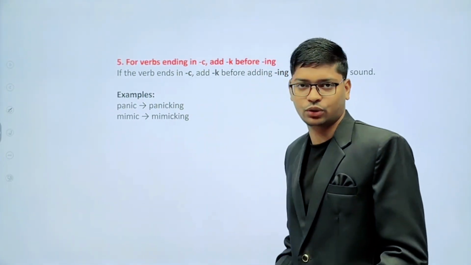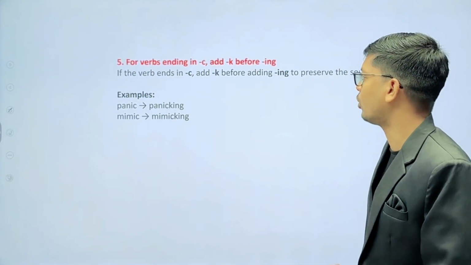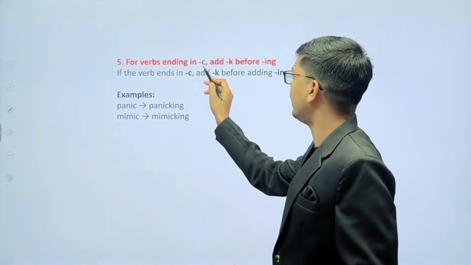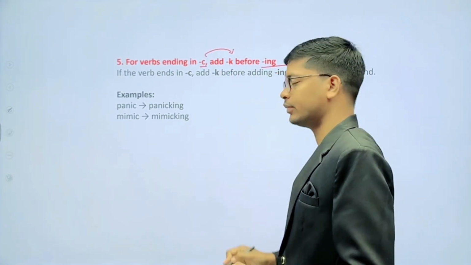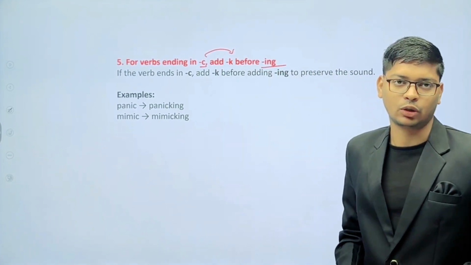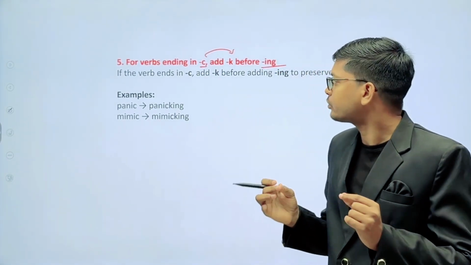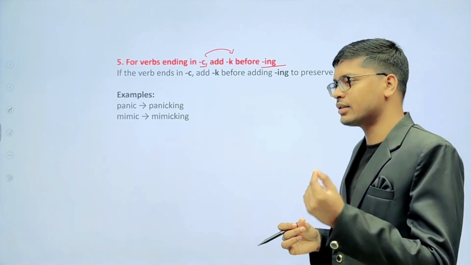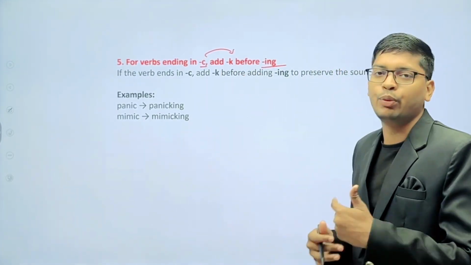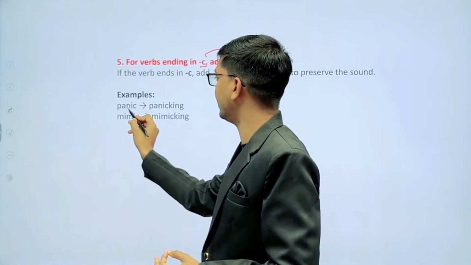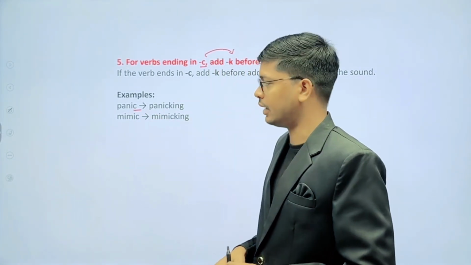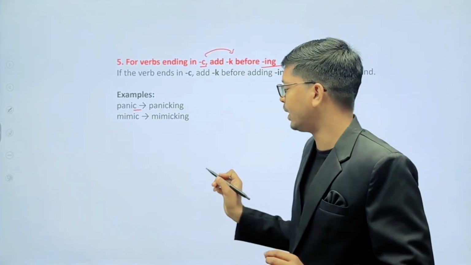Our next and last rule for adding ing: for verbs ending in c, add k before ing. Picnic.